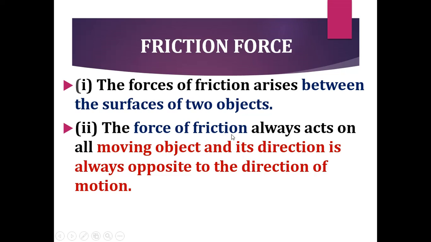The force of friction always acts on all moving objects and its direction will always be opposite to the direction of motion. So frictional force means the force which will stop the movement of an object, because its direction is always opposite to the direction of motion, so that it is able to stop the motion of an object.